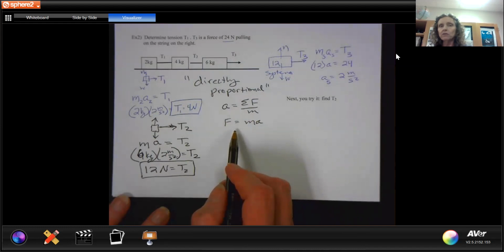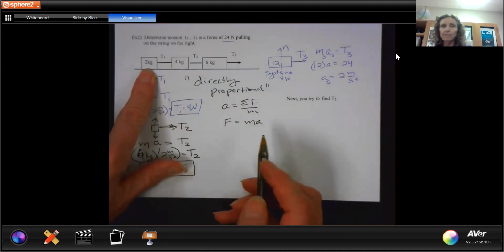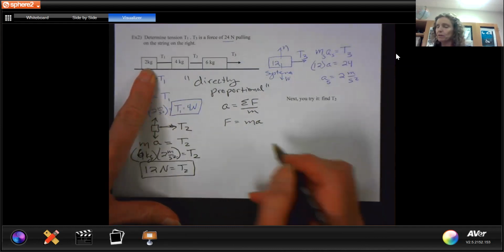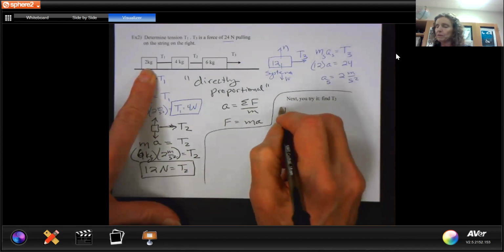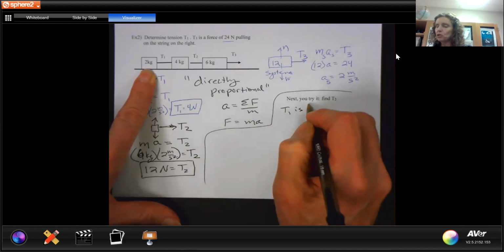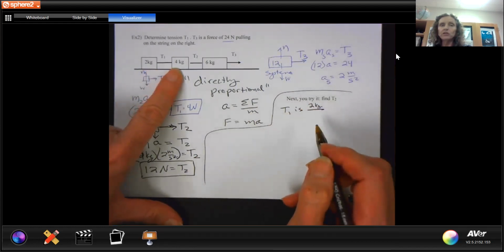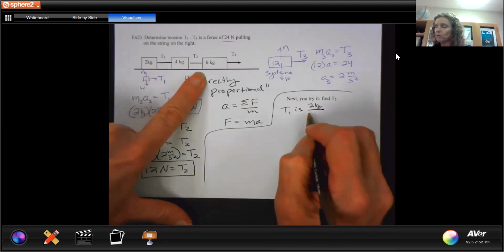So let's revisit each of these. Let's think about it in terms of mass. What proportion of mass is this little block? Okay, so let's revisit T1. So I'm going to ignore that one over there and just say T1. T1 is 2 kilograms divided by a total mass of 2 plus 4 is 6, plus 6 more is 12.